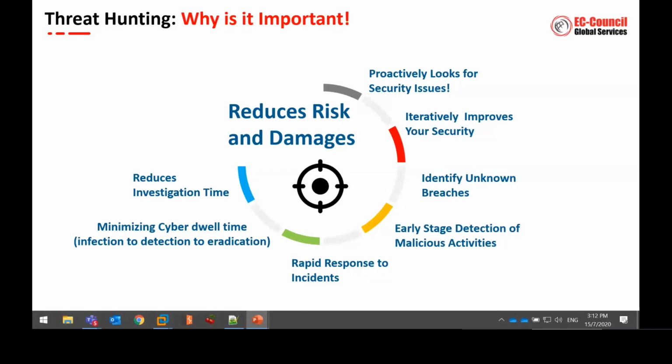There are more and more threat hunting benefits and advantages. But on top of that, of course, they help us to reduce the risk and the damage to our organization, to our employees, to other assets, to other business, and to our reputation.